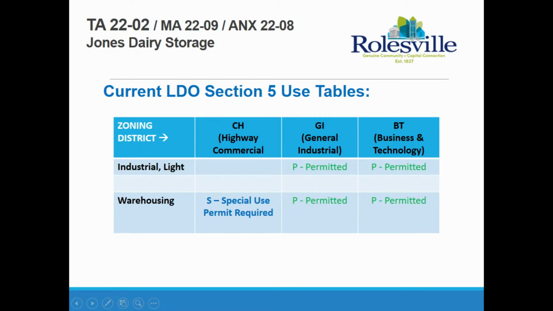And the way that the LDO Section 5 use tables are created is they start at the top with the least intense uses, and build. And literally, industrial light comes before warehousing. So that tells us that warehousing is a more intense use. And then the Highway Commercial Zoning District, there actually is no land zoned that on the LDO zoning map, but it's there for a rezoning request by an applicant. So just for reference.